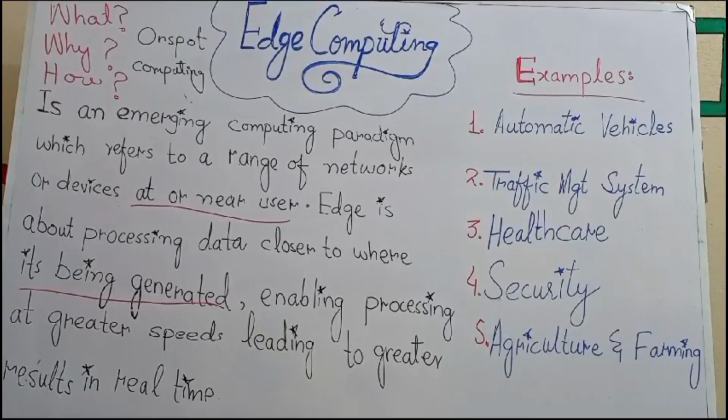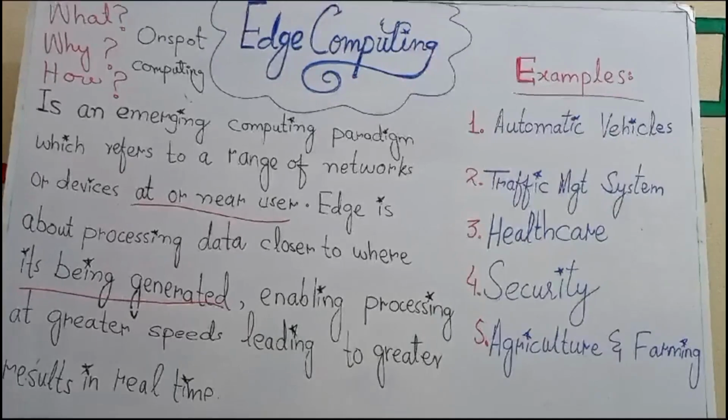Like if a car is going next to your vehicle, or a bus is in front of your vehicle, you have to turn right or turn left. All these movements are captured by the object detection device in your automatic vehicle. So in this form, in automatic vehicles, you can perform edge computing.